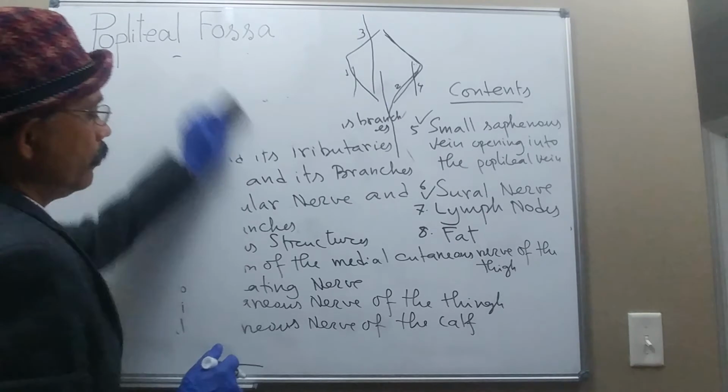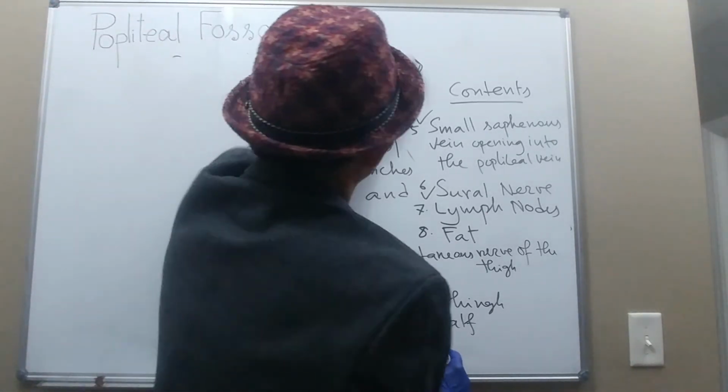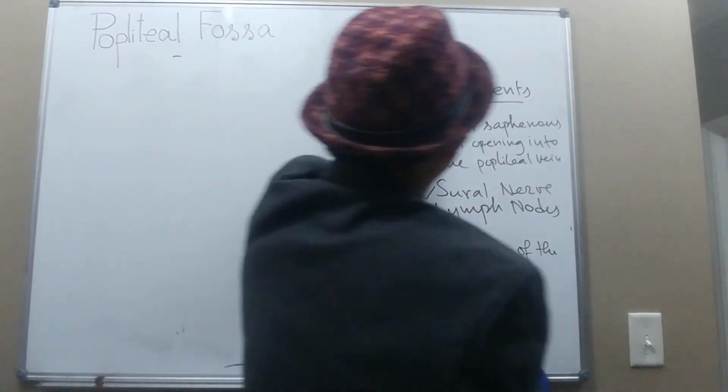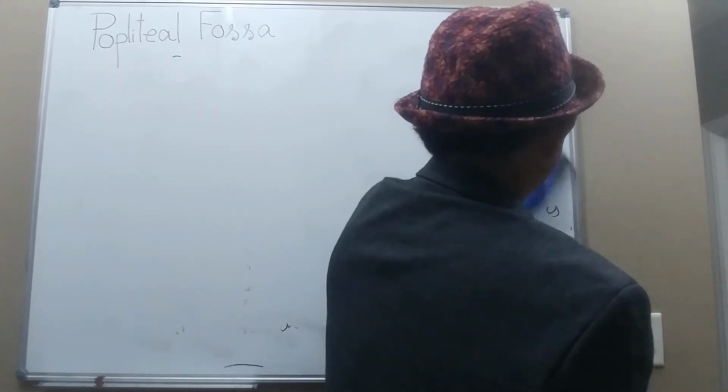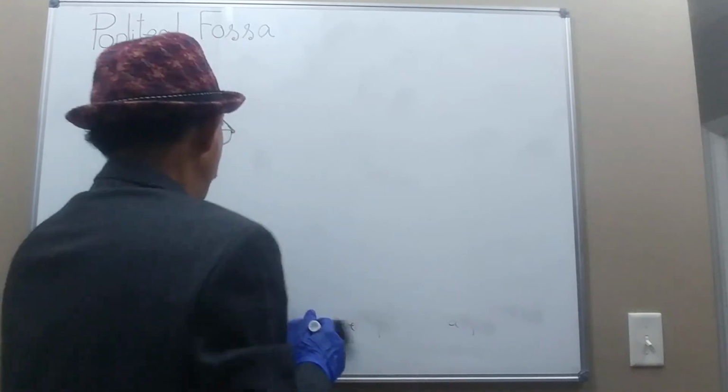Okay, now we learn how the popliteal artery and popliteal vein enter the popliteal fossa.